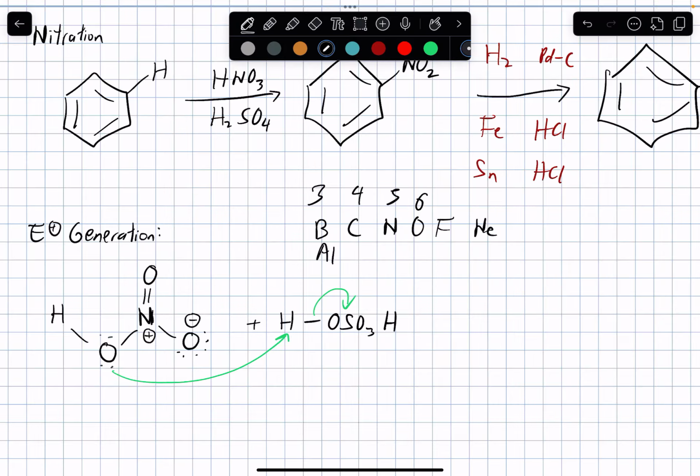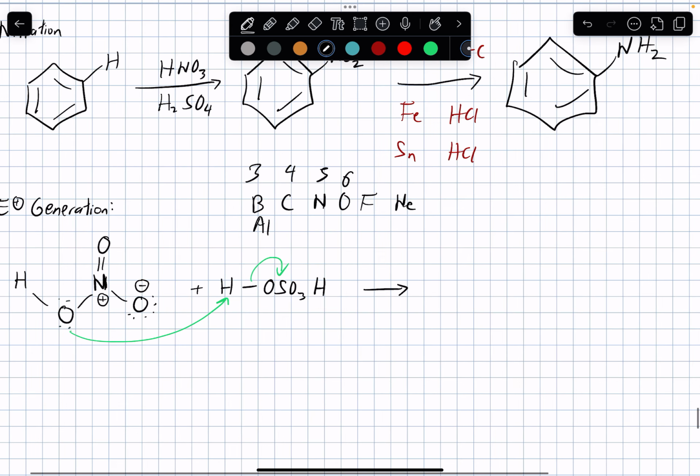The result is, this is still negative. So we now have a hydrogen. This one is, what do you write? Positive.